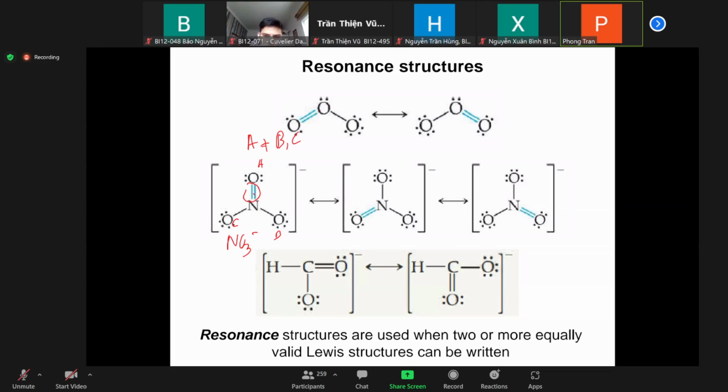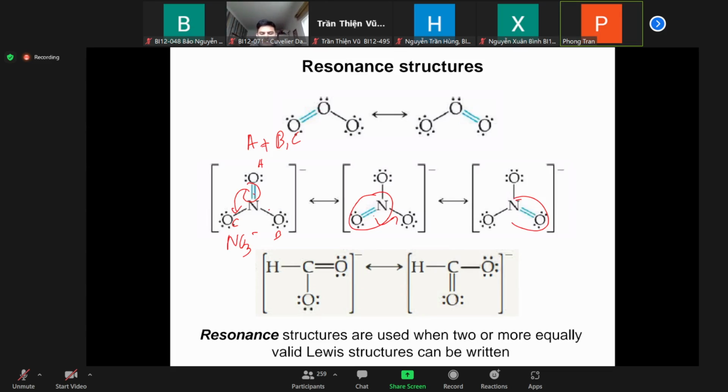So we have a concept later that we call the resonance structure. That means the double bond can move here, and then you have this structure, and the double bond can move here, and then you have this structure.